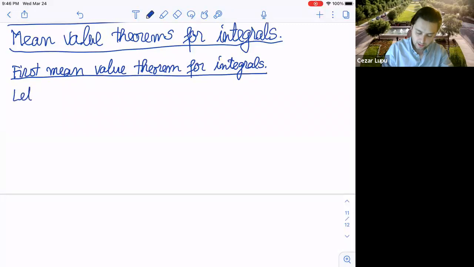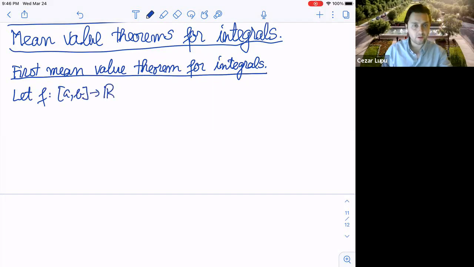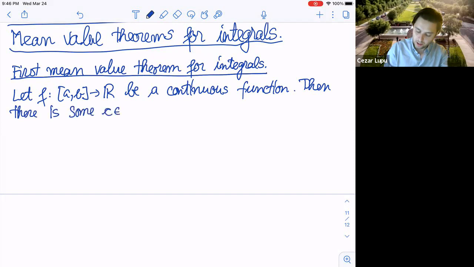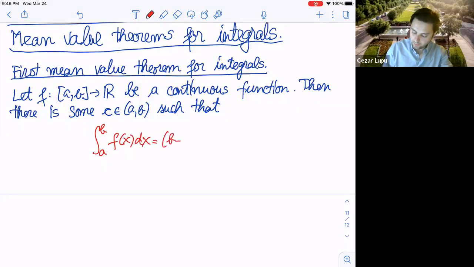So let f be defined on a closed interval [a, b], a continuous function. Then there is some c in [a, b] such that the following holds true: the integral from a to b of f(x) dx is (b minus a) times f(c).